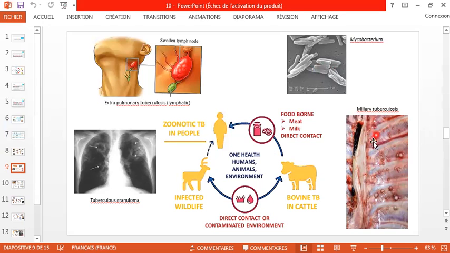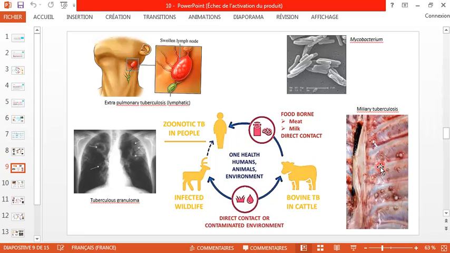Here it is in the slaughterhouse. After slaughtering a cow, we have discovered tuberculosis with a very small granuloma containing the bacteria. Okay, so whenever you consume this kind of meat, you are going to catch tuberculosis.